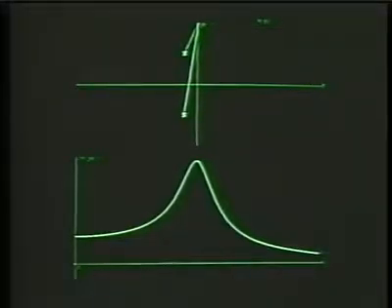So what we see here is that the frequency response has a resonance, and as we see geometrically from the way the vectors behave, that resonance in frequency is very clearly associated with the position of the poles.